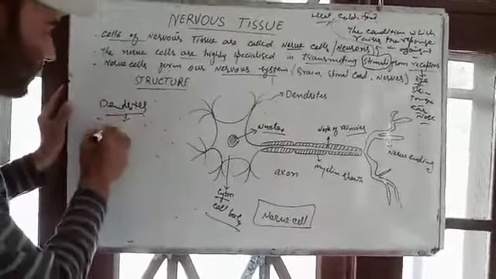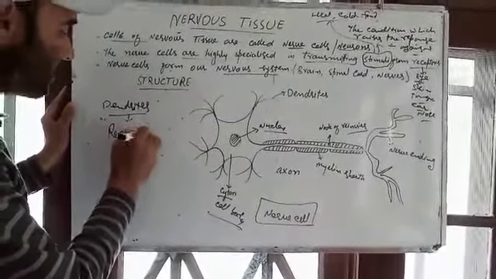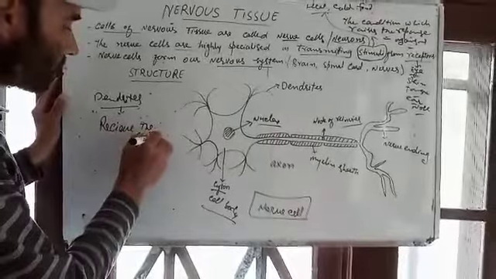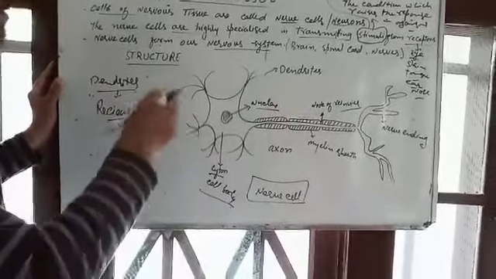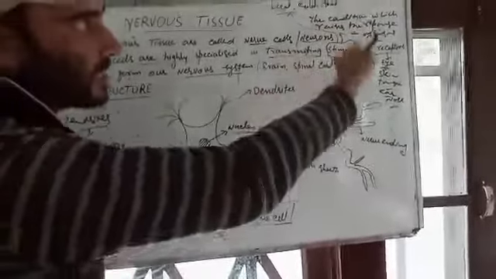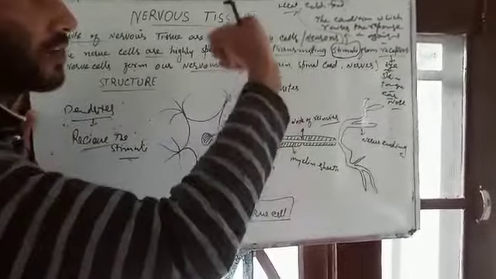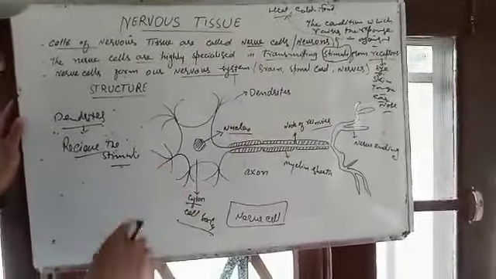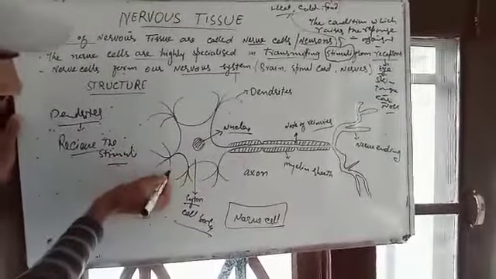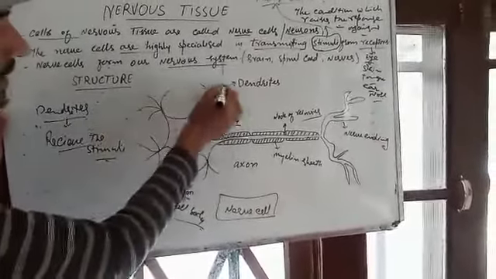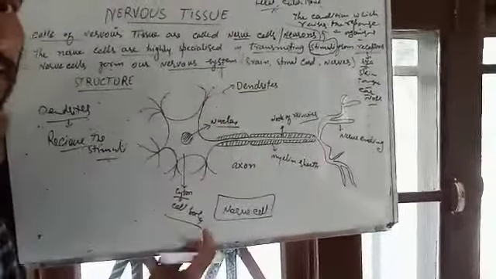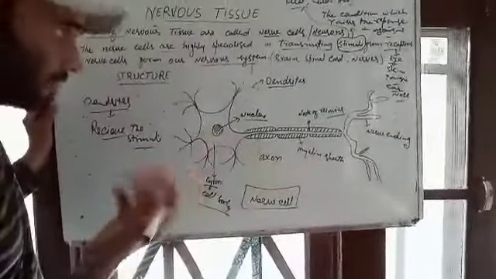What is the function of the dendrites? These dendrites always receive the stimuli. Stimuli is the condition which raises the response to it. It is the information. It can be heat, food, chemicals, whatever. These hair-like structures which are formed here are known as dendrites. Next is the cyton, or cell body.